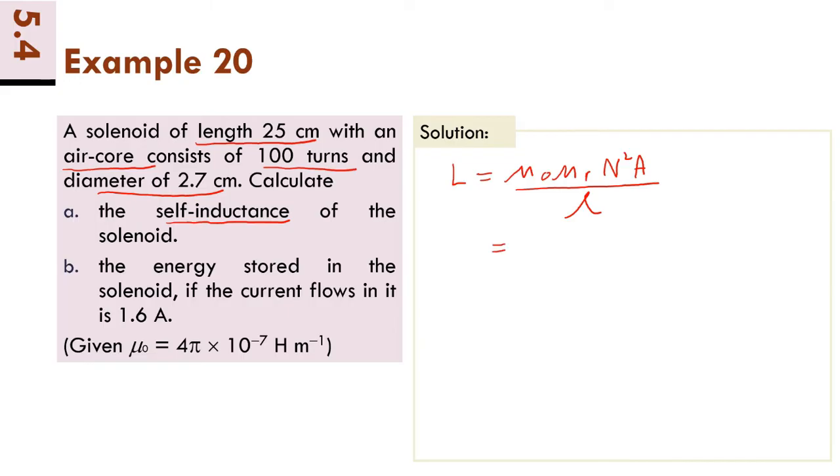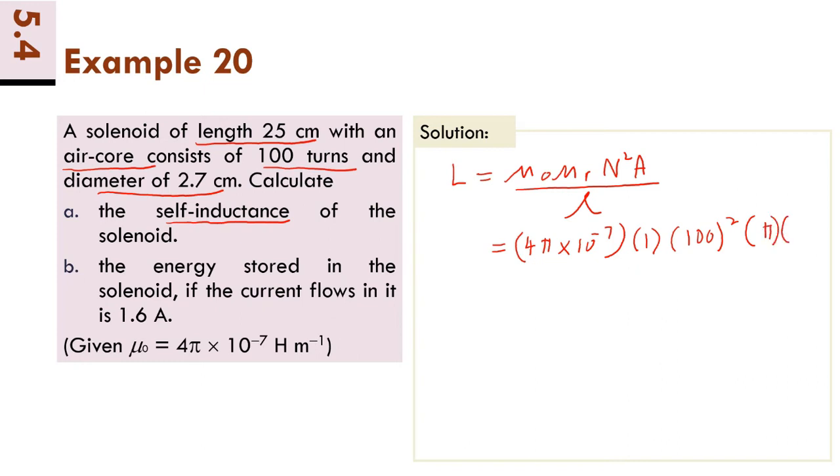Mu naught is given, which is 4 pi times 10 negative 7. Mu r equals, yes, correct, 1 because of the air core. N square, the number of turns is given, which is 100 turns. The area is pi r square.